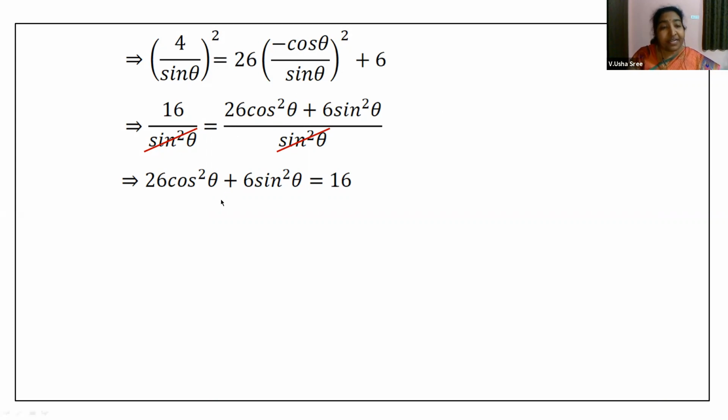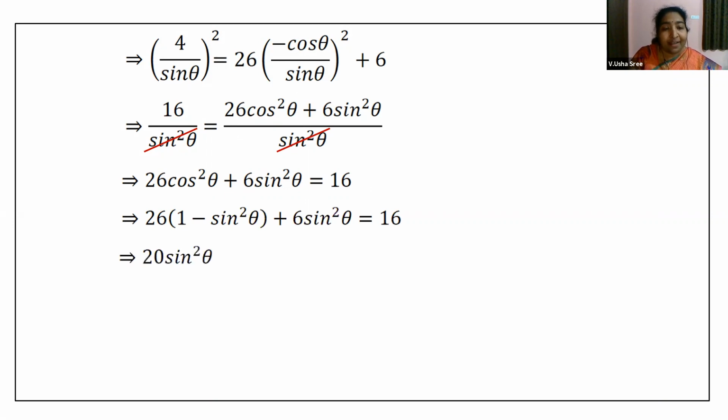Now, we will try to convert this equation in terms of one single trigonometric ratio. Instead of cos square theta, we will replace it with 1 minus sin square theta. How did we get this? By trigonometric identity. By this time, you are very familiar, children. So it is nothing but minus 26 sin square theta plus 6 sin square theta, which is minus 20 sin square theta.